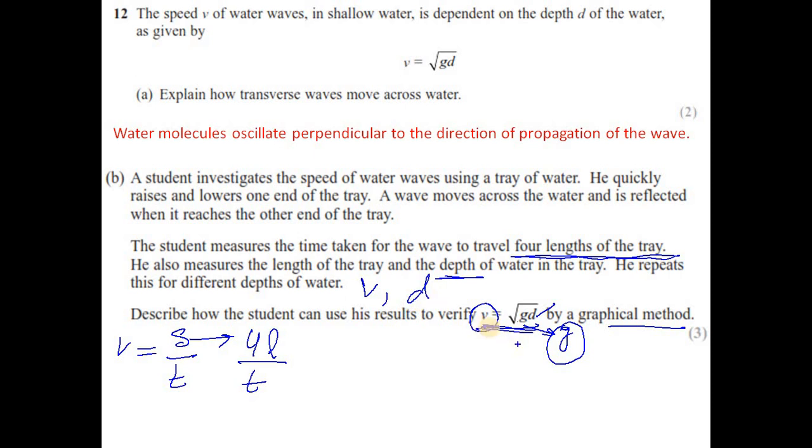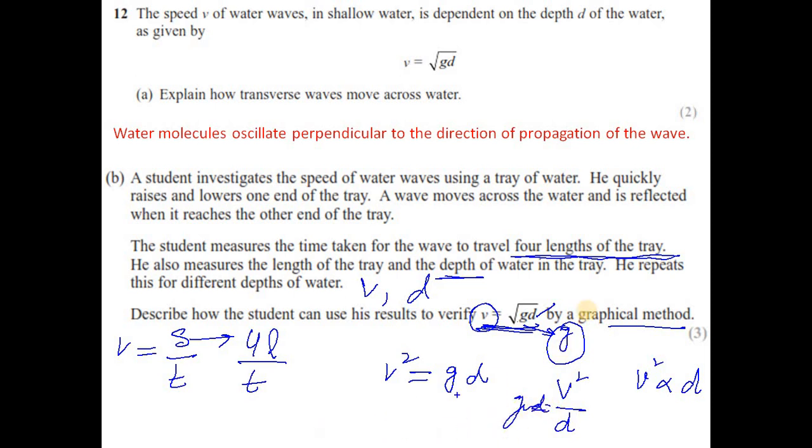Then, if you rearrange this equation, v squared is equal to gd. Clearly v squared is directly proportional to d, with gradient v squared over d. This is the gradient.